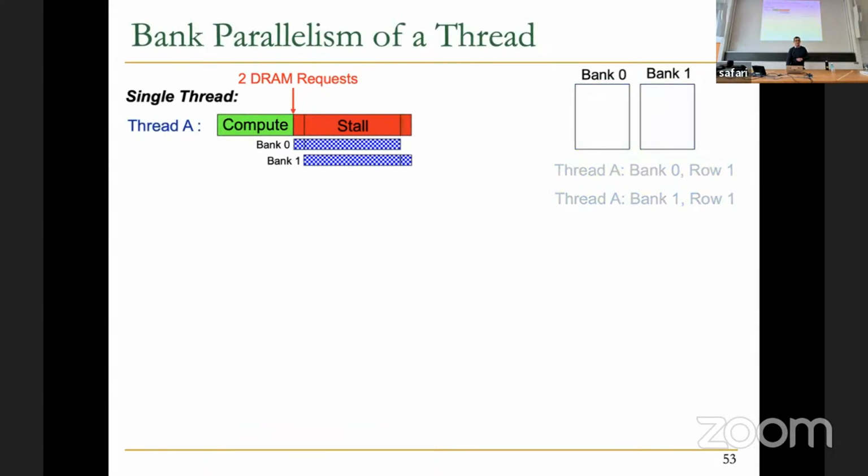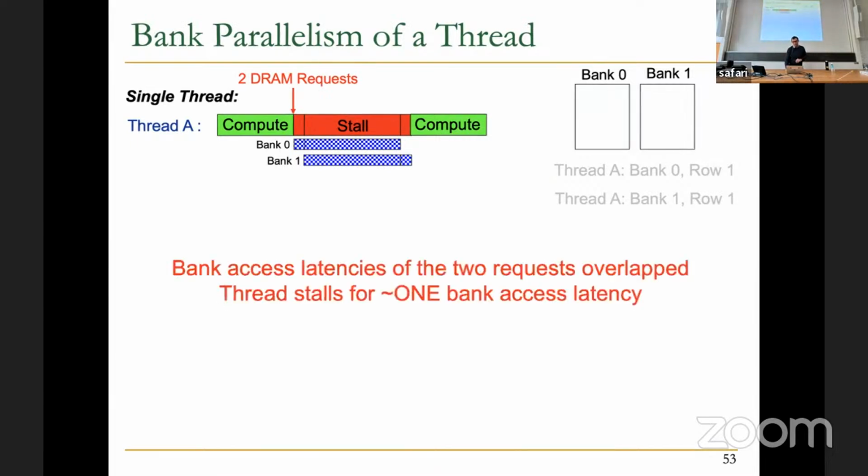Right? So everything looks reasonably good because you don't stall once for each request. You parallelize the bank access latencies of the requests. And if bank access latency is the dominant part of the access latency, then most of the access latency is parallelized. So essentially, the thread stalls for approximately 1 bank access latency, which is good. Ideally, this is what you want to have.